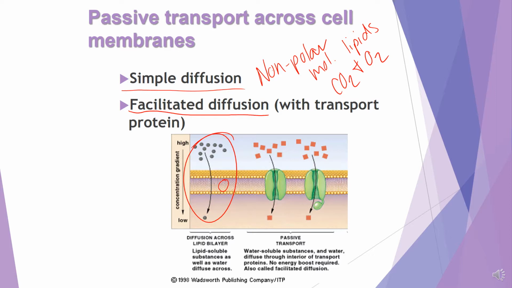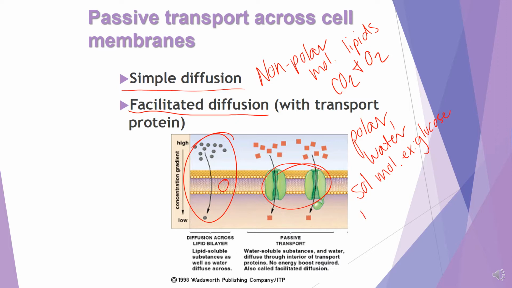Facilitated diffusion, you need transport proteins like these here. And that's because these molecules are going to be polar, so they're not like the cell membrane, which is nonpolar. So because they're polar, such as water, soluble molecules, an example of that would be glucose, also ions, sodium, potassium.